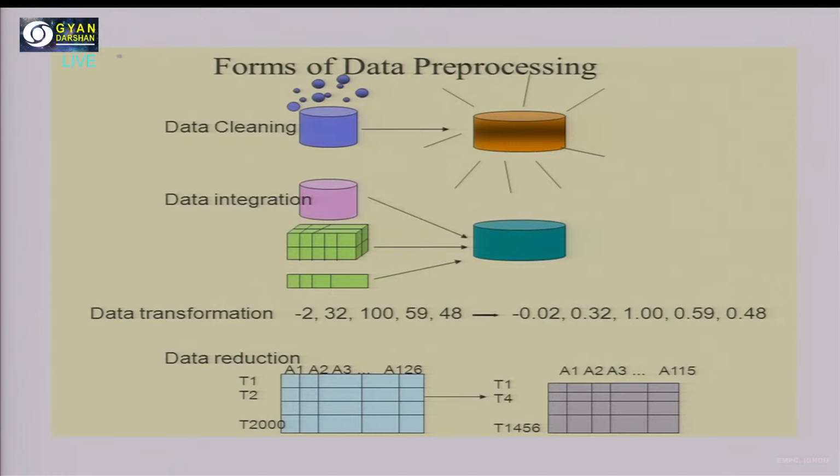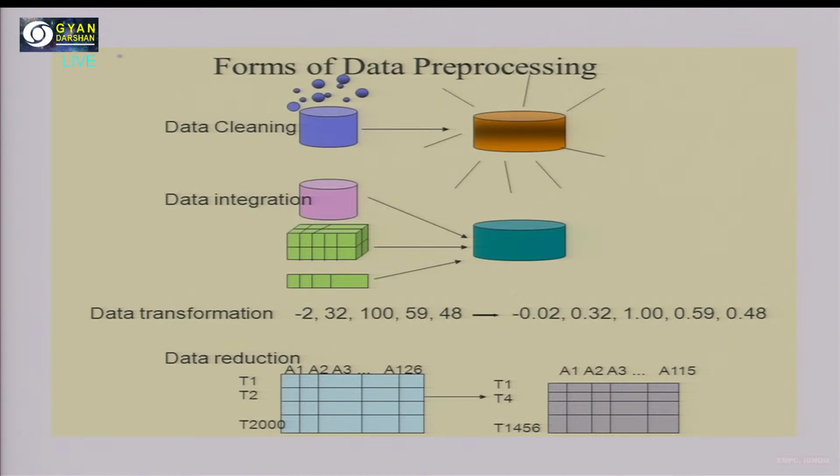And this is what exactly one can see in the form of data pre-processing here. So you can see different tasks like data cleaning, data integration, data transformation, data reduction shown in this diagram. Especially in data transformation, we have the input data -2, 32, 100, 59 and 48. After transformation, it has changed to -0.02, 0.32, 1, 0.59 and 0.48.